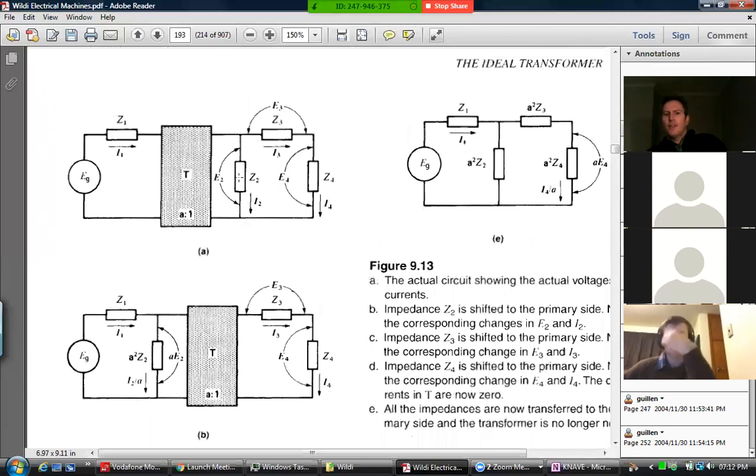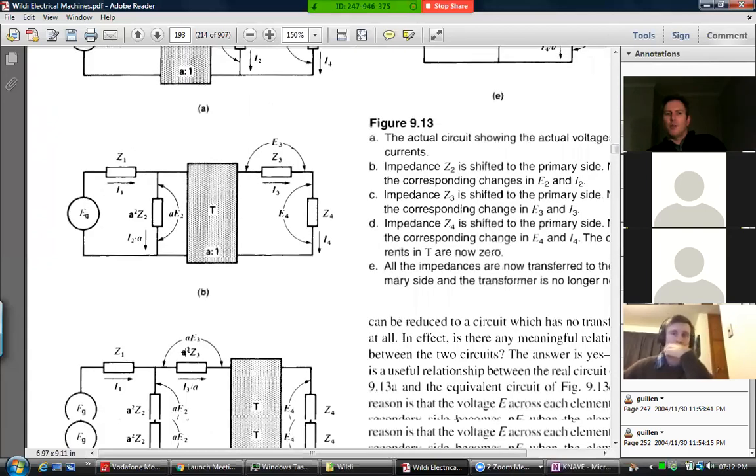All right, so that thing is now gone from that side to this side. They do the same thing for this one. They shifted it across from there to there, but in the process they've just multiplied its impedance by the turns ratio.